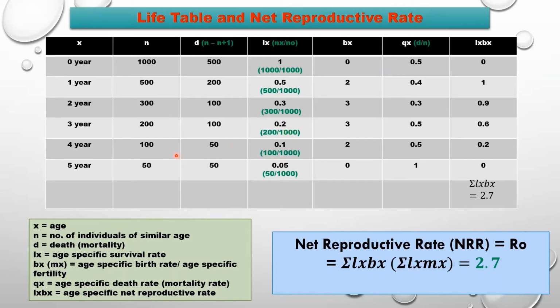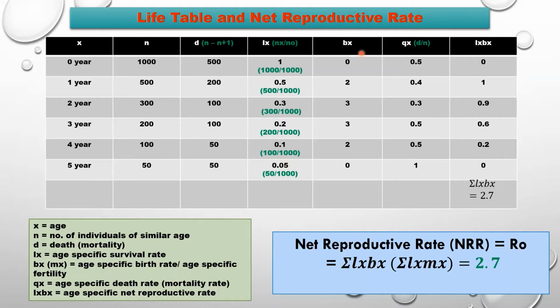In 4 year, NX is 100. So 100 by N0 1000, 0.1. 0.1 is LX in 4 year. In 5 year, NX is 50 and N0 is 1000. So 50 by 1000, 0.05 is LX in 5 year.